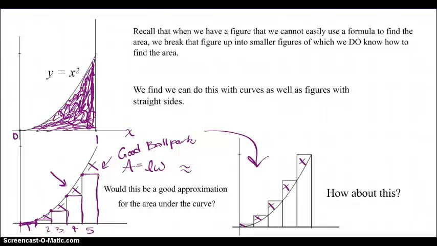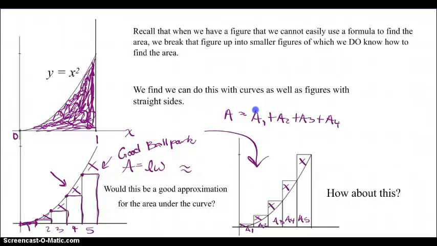Okay? So we get the idea that we're going to use areas of rectangles, and we're going to add all of those areas up. Here we have area 1, there's area 2, there's area 3, area 4, and area 5. So the actual area would be approximated by the sum of the areas of all of these rectangles.